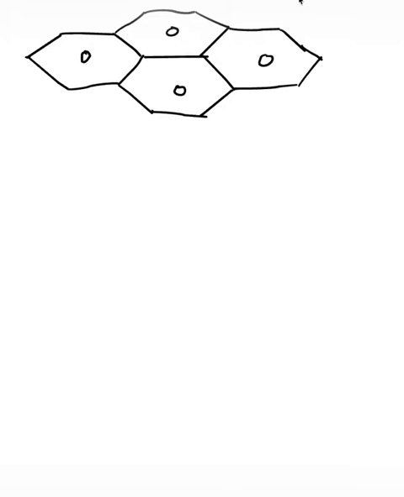Some of the major structures within these units are the actual hepatic cells, the functional cells, and they're all organized inside of these honeycomb structures. I'm going to draw all these cells, what we call hepatocytes.